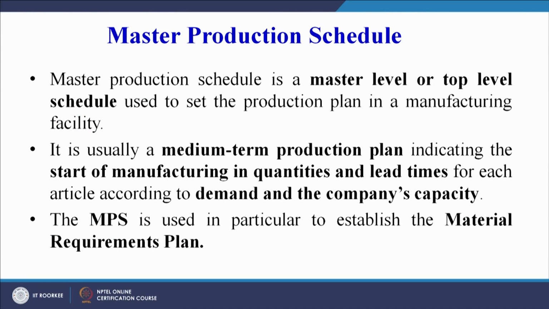So it will work out a production plan for maybe 15 days or a month or maybe 2 months: what we have to produce, which machine will work on which job, and what is the time allocated for that job, so that the overall target is met.